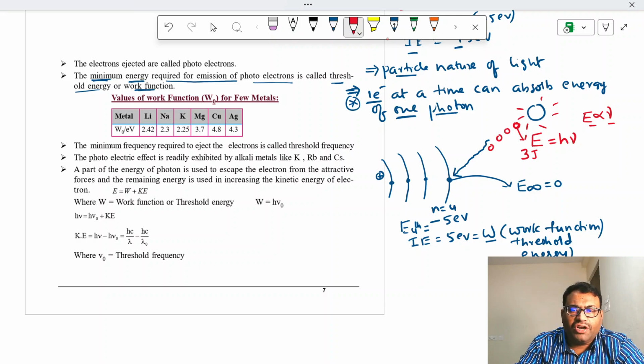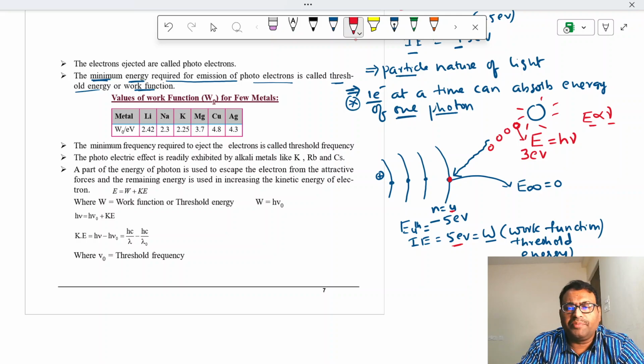If this is falling on the electron present on the 4th orbit, how much energy does it require to come out of the atom? It requires 5 electron volts. But each photon is having only 3 electron volts. Then will it come out?